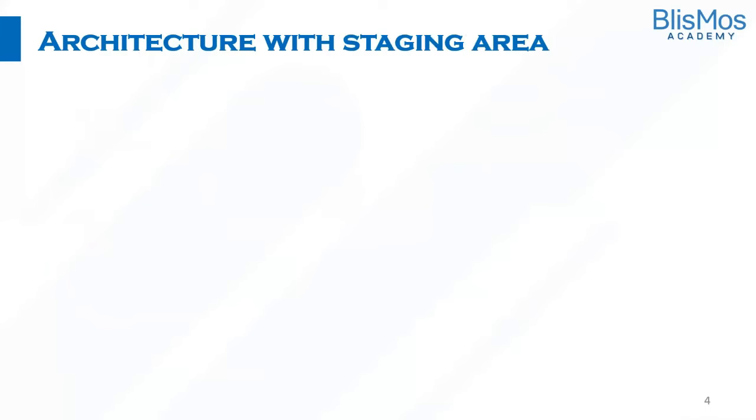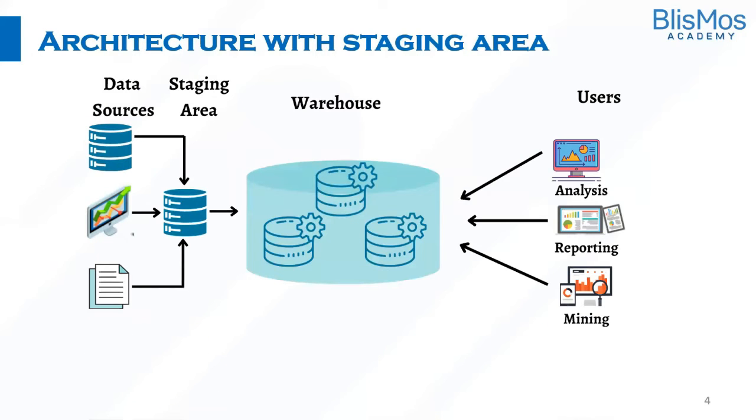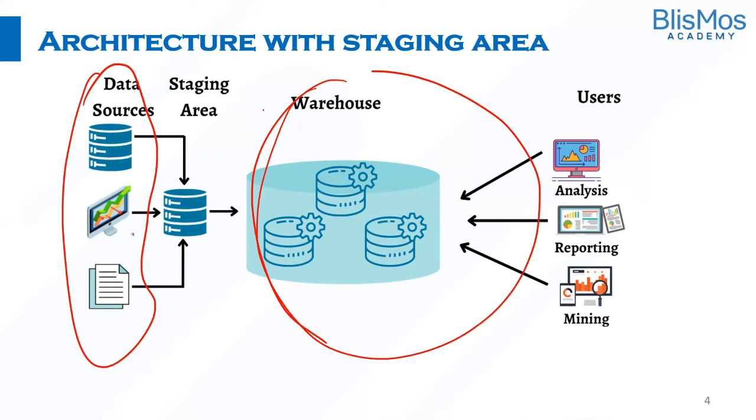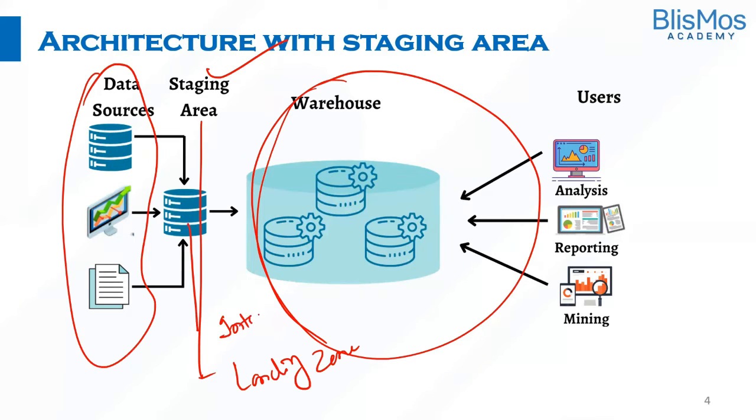The next type is architecture with staging area. Very simple here. Between the data sources and warehouse we will have a staging area. That is the reason we call this an architecture with staging area. Staging area is also called a landing zone. Here we use this for intermediate storage.